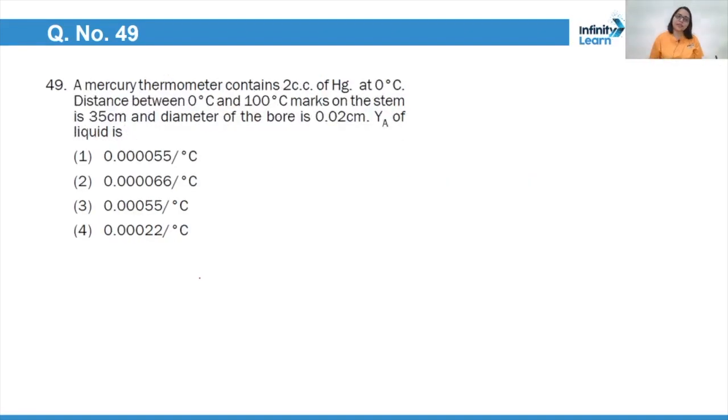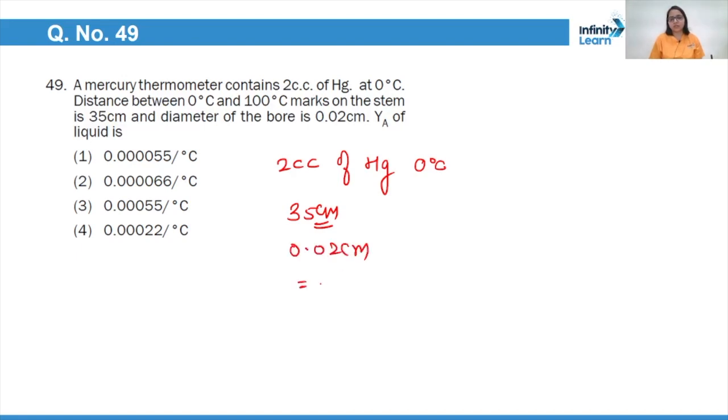Okay. Next is question number 49. A mercury thermometer contains 2 cc of Hg at 0 degrees Celsius. Distance between the 0 degree and 100 degree marks on the stem is 35 centimeter and diameter is 0.02 centimeter. That means radius is 0.01 centimeter. Gamma of liquid is. So in this case, we know that gamma is equal to delta V upon V naught delta T. Okay.